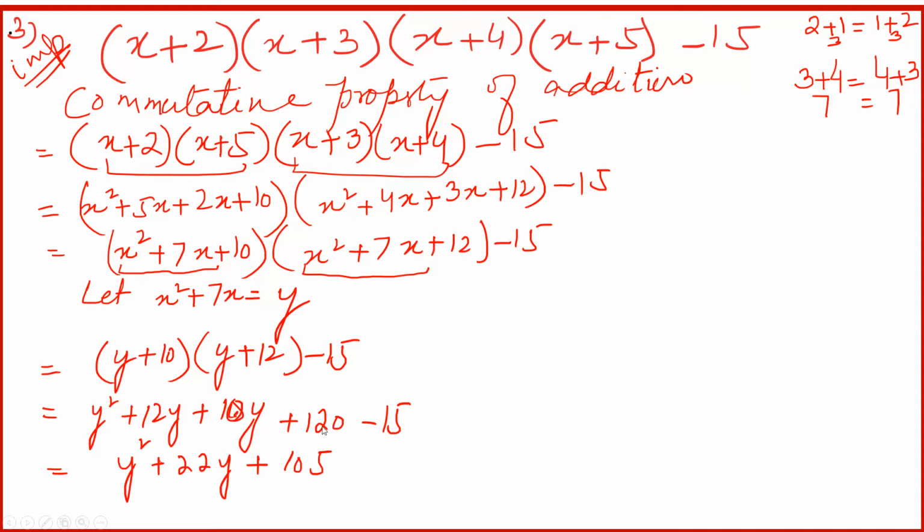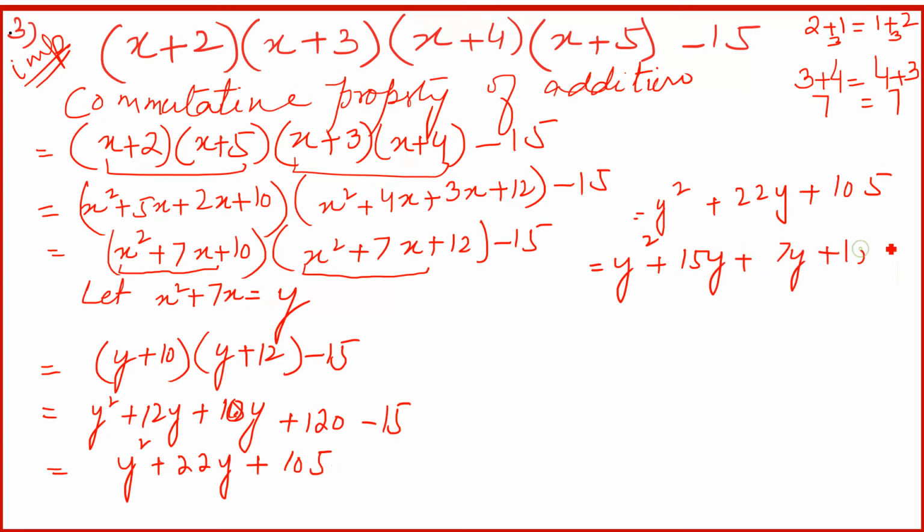Now what? Right? Now, same thing, we have to do the factorization. I will write down here again: y square plus 22y plus 105. This is y square plus 15y plus 7y plus 105.